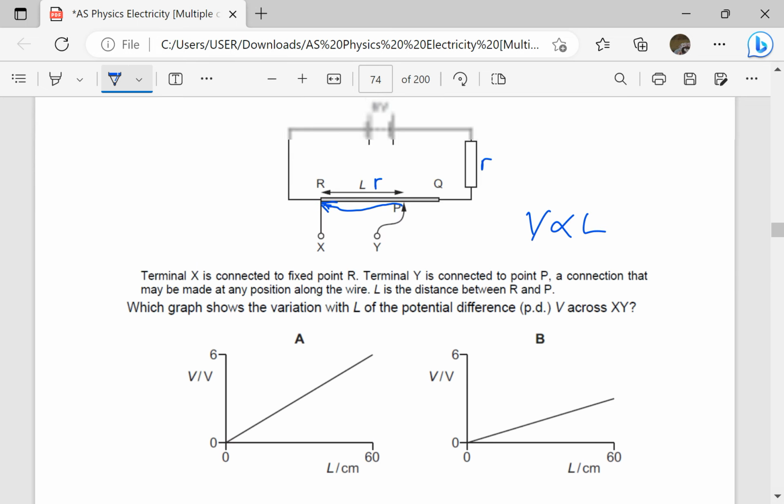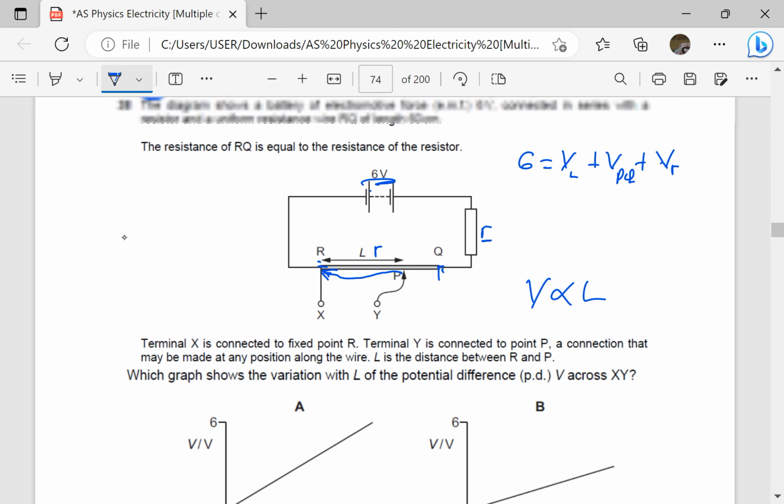But then, what happens when L is equal to Q? I mean, when L is equal to RQ, it means now the length, remember the resistance RQ is the same as this. So it means the 6 volts is going to be divided equally because now the total resistance here is the same as that one. So the 6 volts is going to be divided equally because the PD across RQ will be equal to the PD across the fixed resistor.